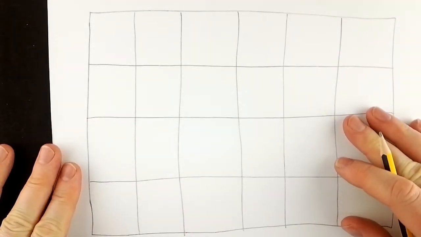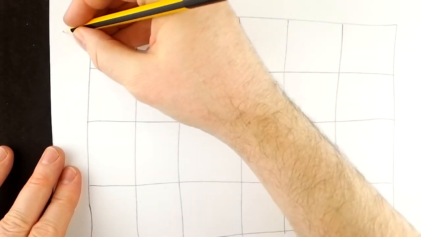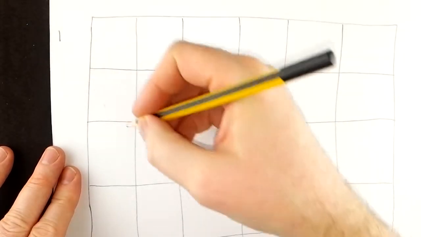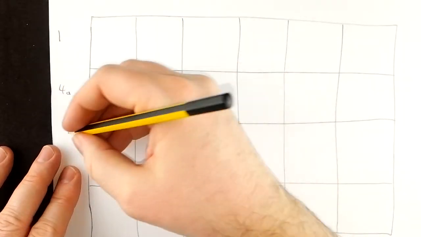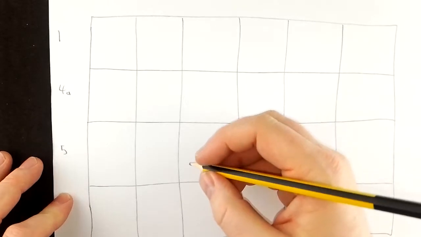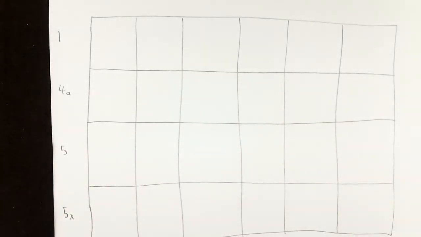And on the side, we will put 1 for A, 5x. This is the first time I showed you the code symbols.